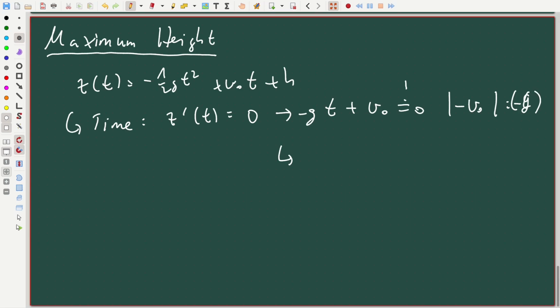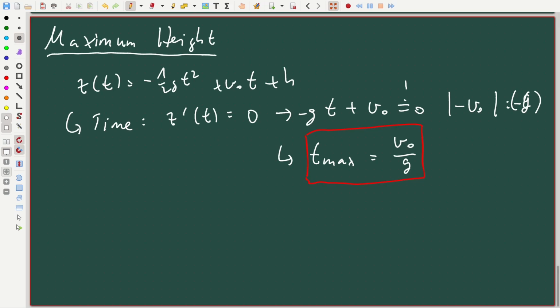And this then gives, for the maximum time, let's call it t max, just simply v0 divided by g. So after that time, it's also a very important formula, so we can highlight this. After that time, v0 divided by g, the object reaches its maximum.